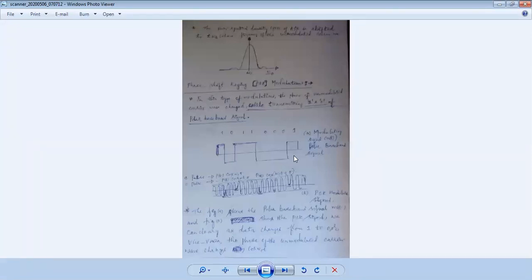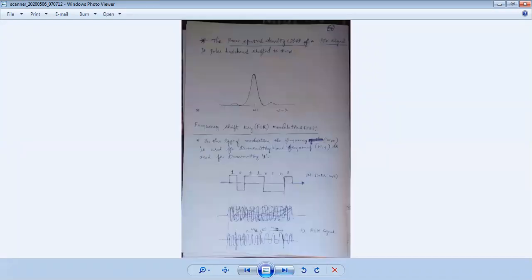We call it phase shift keying modulation. This is amplitude modulation of this, so the magnitude of the signal within this is what they call the power spectral density.